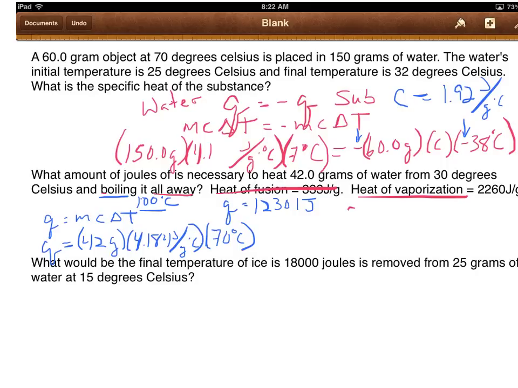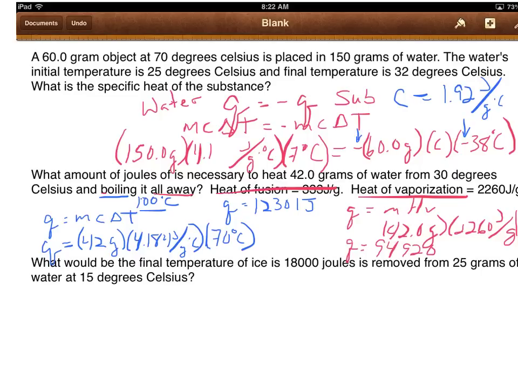So we want a second Q, and the second Q is going to be the mass times the heat of vaporization. The mass, we said, is 42 grams, and the heat of vaporization is 2260. And we're going to multiply those values together, and we're going to get a Q value of 94,920.